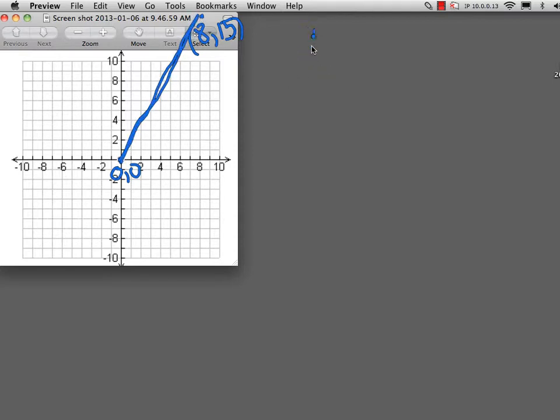Again, our distance formula says we're going to take the square root of x2 minus x1 squared plus y2 minus y1 squared. Let's label our points: this is x1, y1, and this is x2, y2.